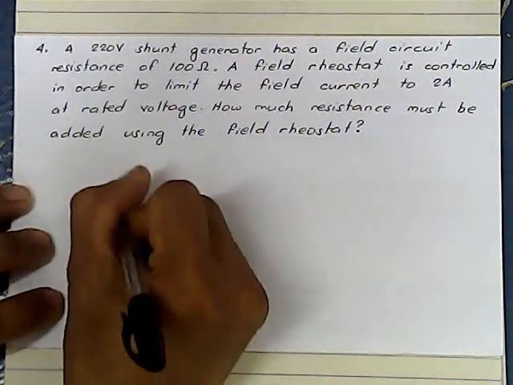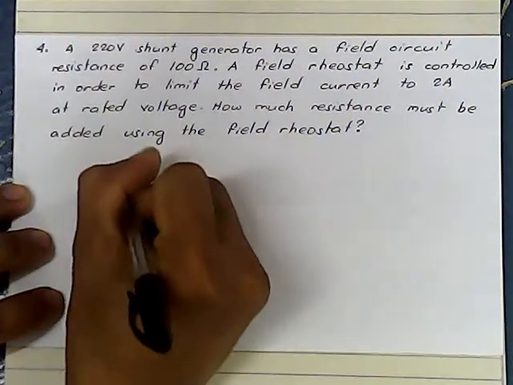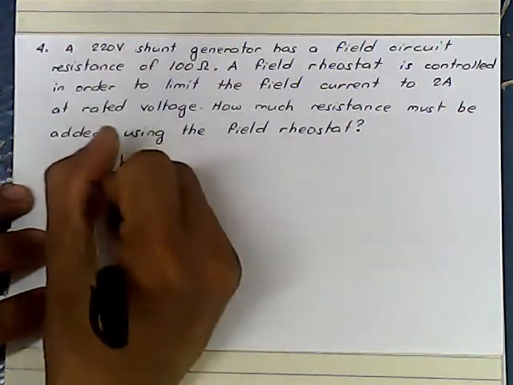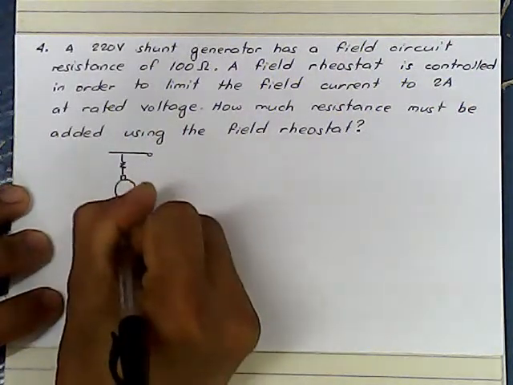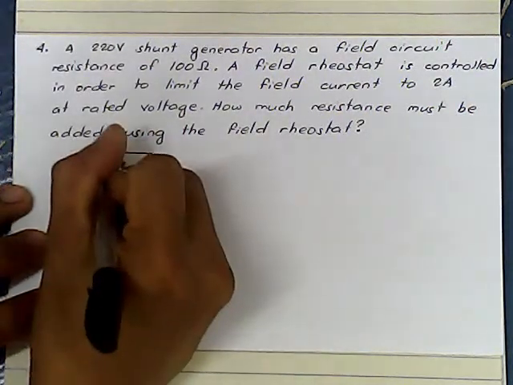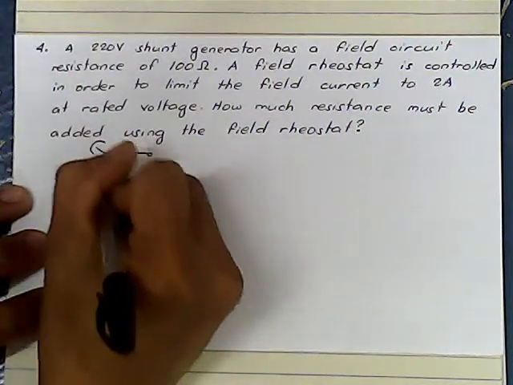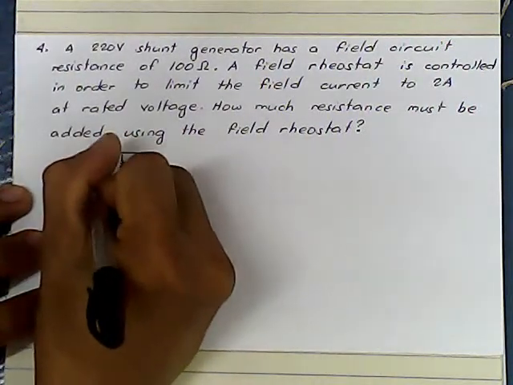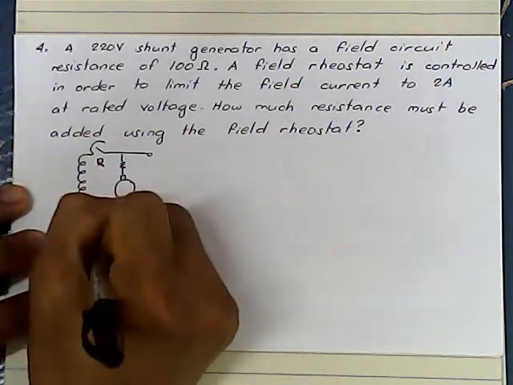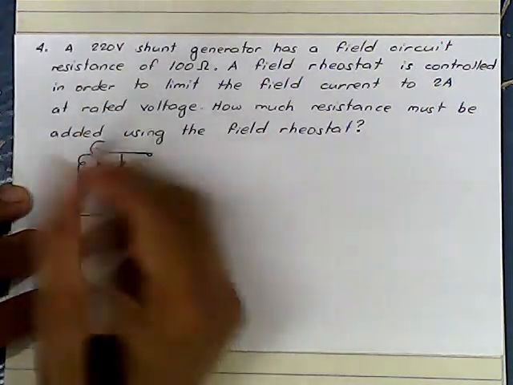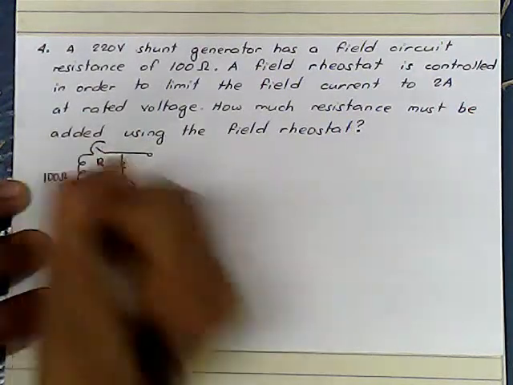I-drawing ulit natin yung ating diagram. So, andito yung field rheostat. Hahanapin ulit natin yung kanyang value. So, yung RSH natin is 100 ohms.